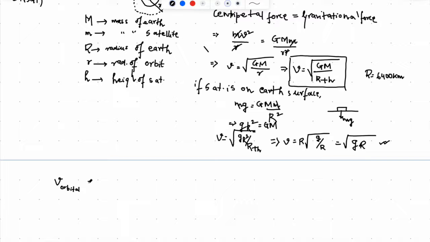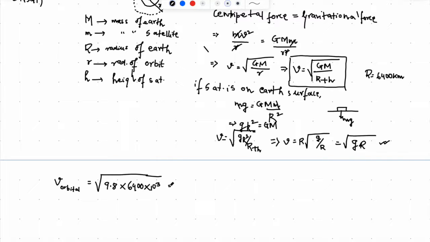This orbital velocity that we have is nothing but root over of g. So g is 9.8 meter per second square into r. So r, as I said, it is 6400 kilometer. So if I convert it into meter, it will be 6400 into 10 to the power 3 meters.